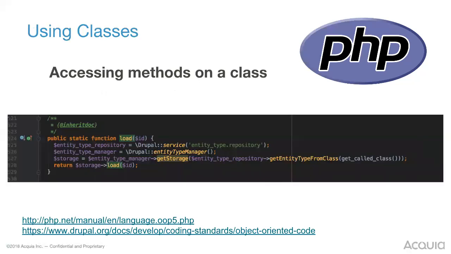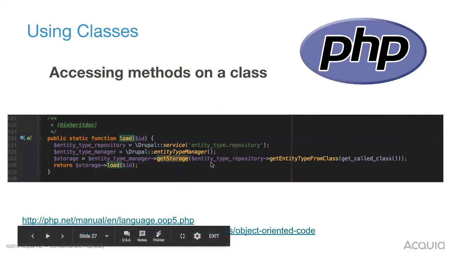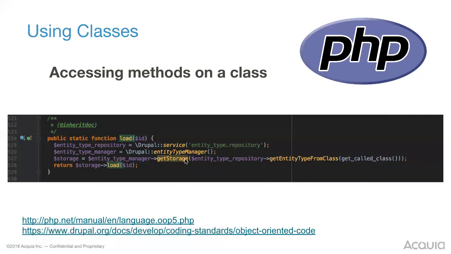So to actually use a class in my code, let's look at some examples here. If I want to access a method of a class, you can see here on this line, for instance, I can actually call the getStorage method on some variable. The important thing is that you've loaded those into your function.